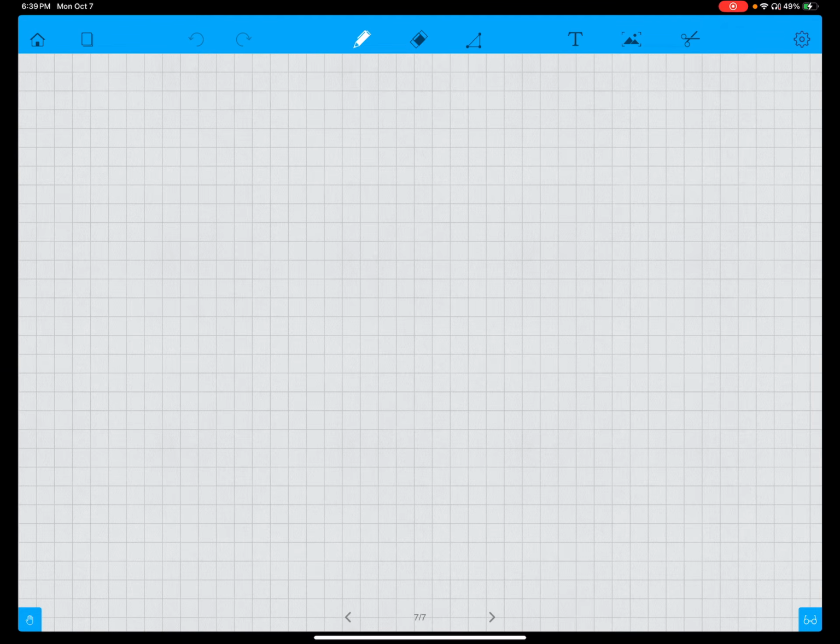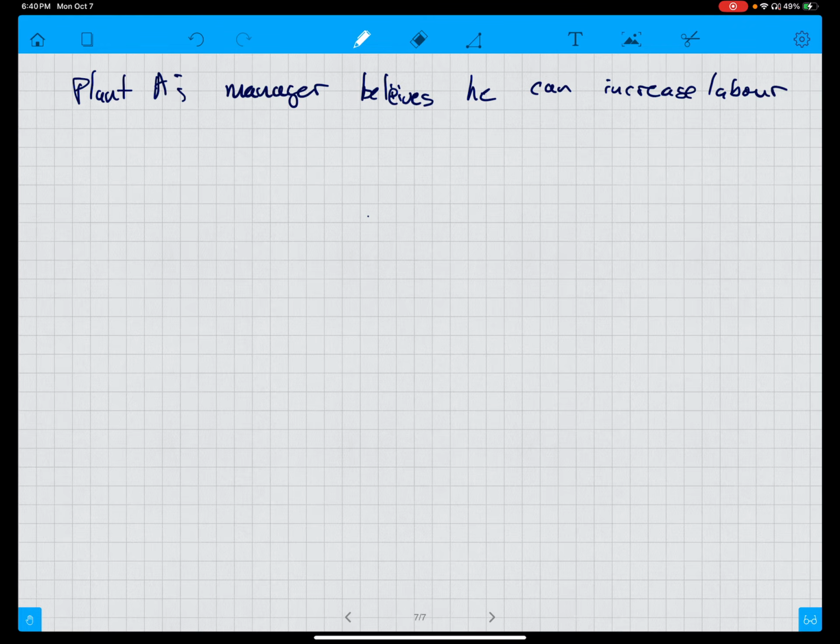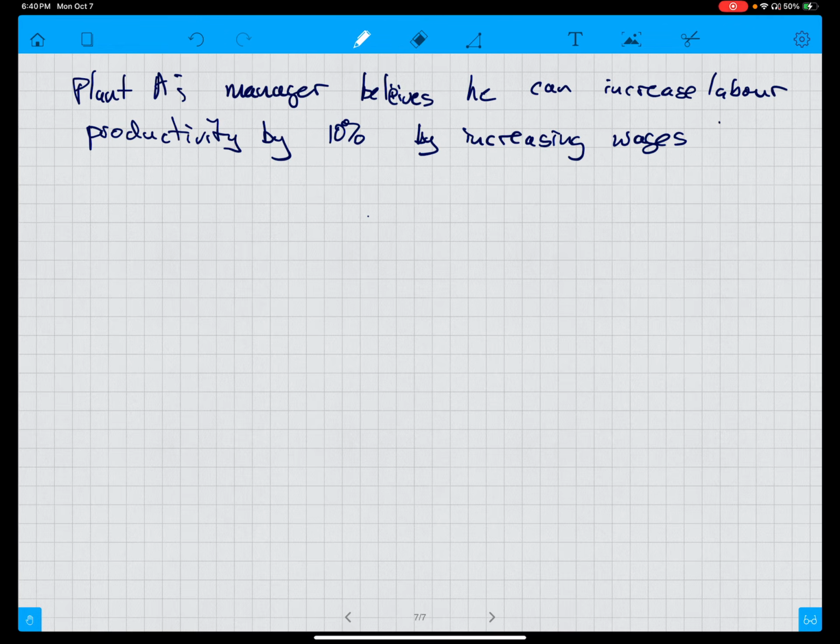The last question is, Plant A's manager believes he can increase labor productivity by 10% by increasing wages to $26 per hour.